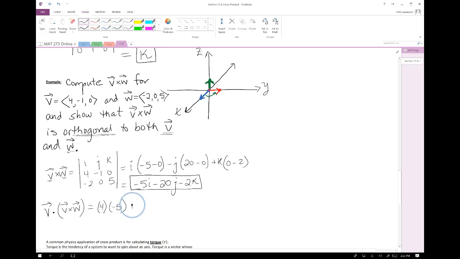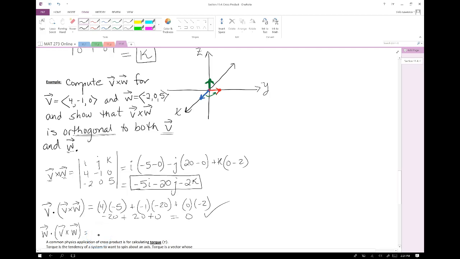So there's my I components, my j components, and my k components, and then add the products together. So we've got -20 plus 20 plus 0, which is in fact 0. And we could also do this with w, and we should get 0 with that one as well.